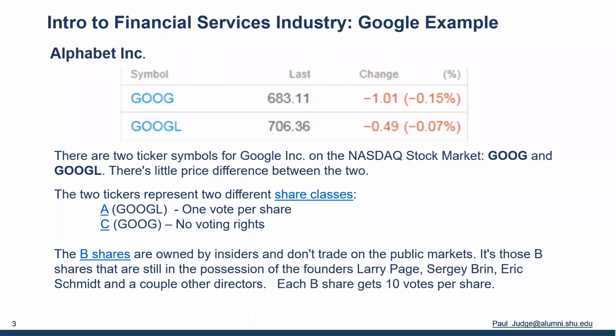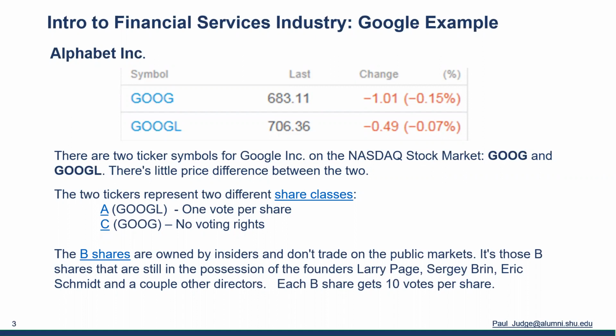So Google's interesting because I think the original name of the company was Google, and then they decided to change the name of the company to Alphabet Incorporated. So that was a corporate action. The board of the company did a corporate action to change the name of the company.